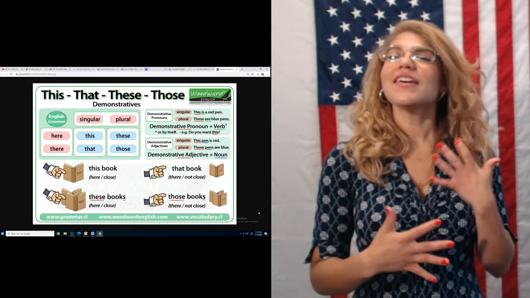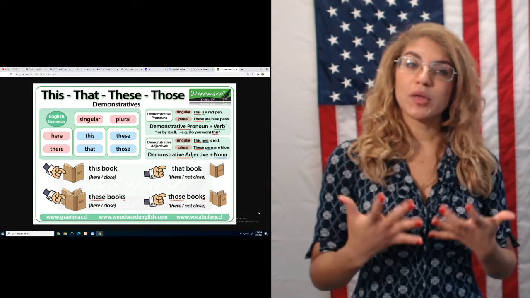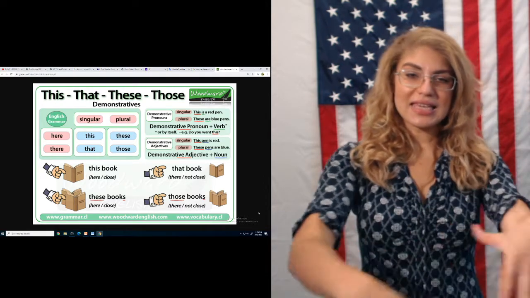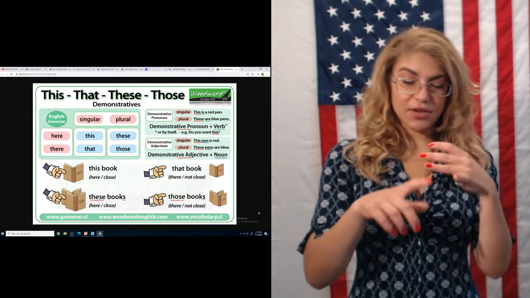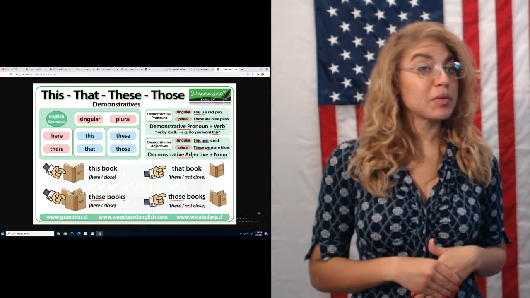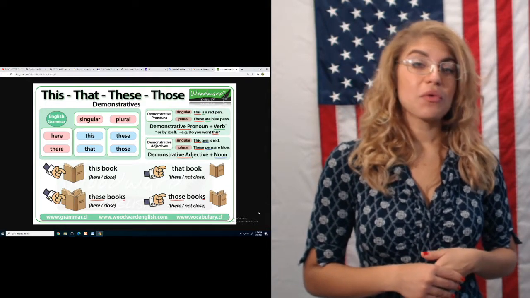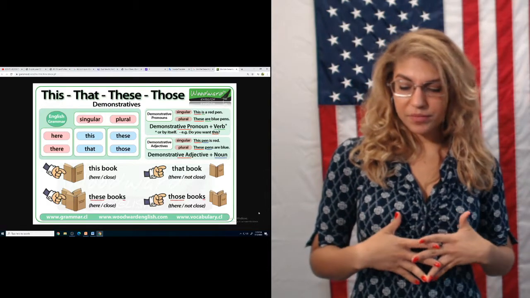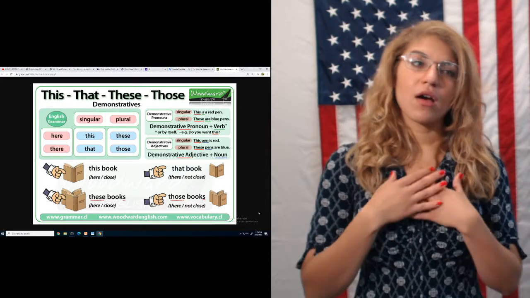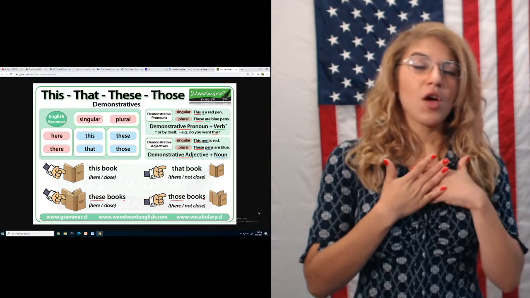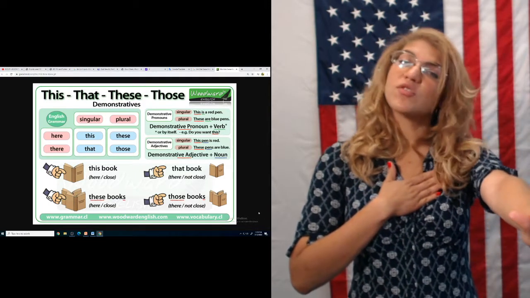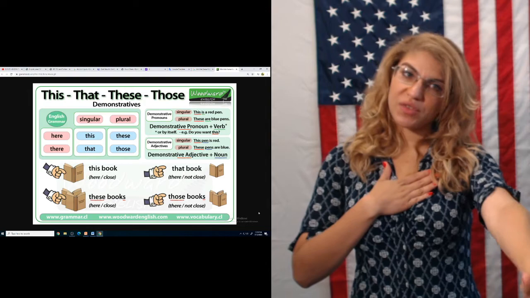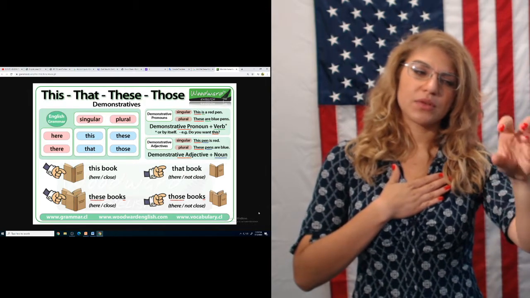Now, if I have it in the plural form, it's these. So if it is here and plural, we use the word these. For example, these books are mine. But if the objects or items are over there, we say those.